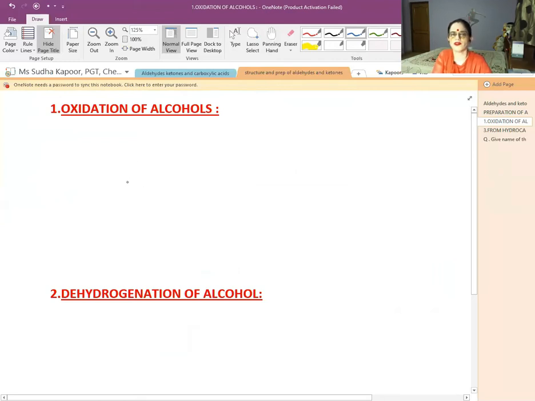So the oxidation of alcohols can be done in the presence of oxidizing agents which give a controlled reaction. Generally, alcohols on oxidation give aldehydes or ketones, which on further oxidation give carboxylic acid or a mixture of carboxylic acids, depending on which type of alcohol we have taken.